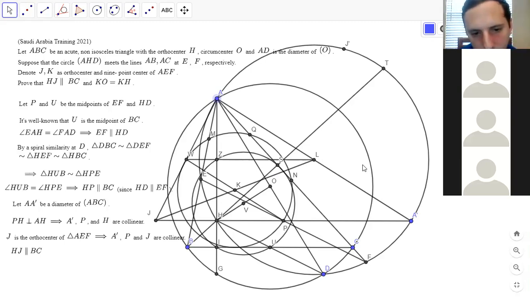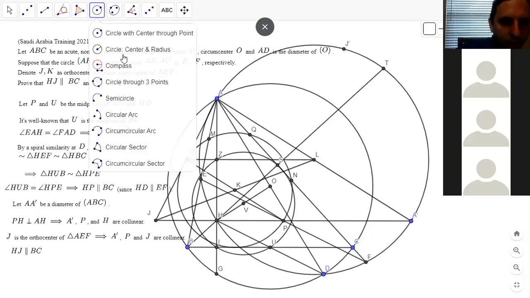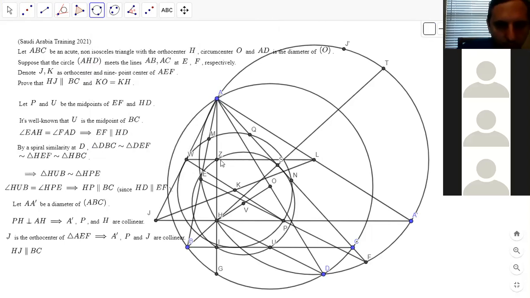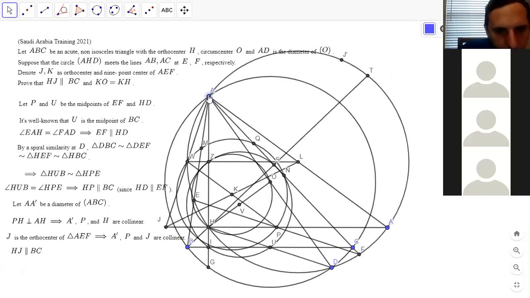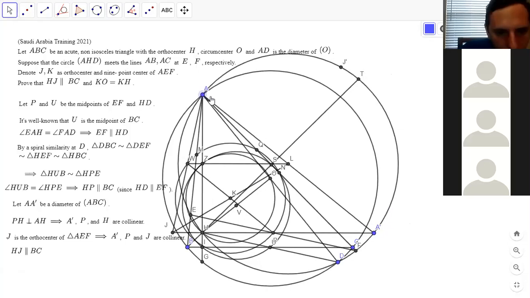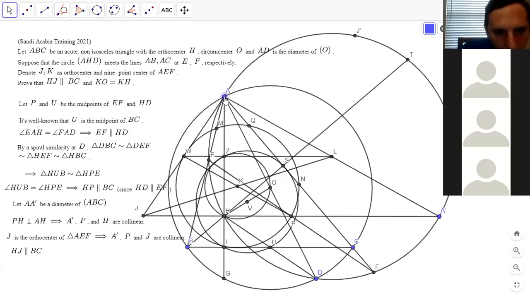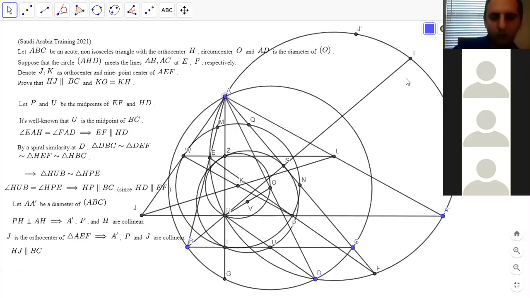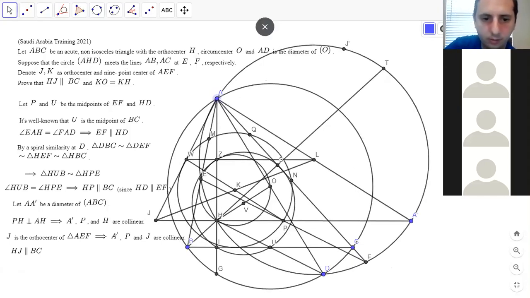Wait, so we need HEO cyclic too, right? I don't think E lies on that circle. I think it's just Z, O and H. It looks like it, but if I move the diagram, you can see E's not on that circle. So E isn't a part of it.